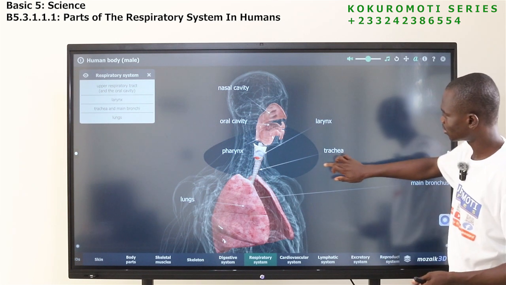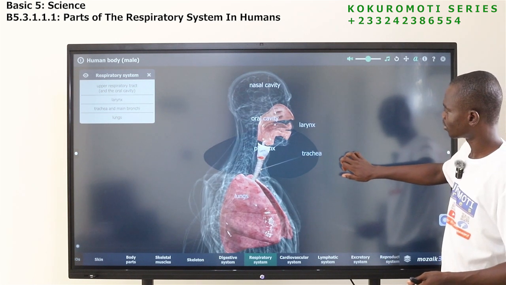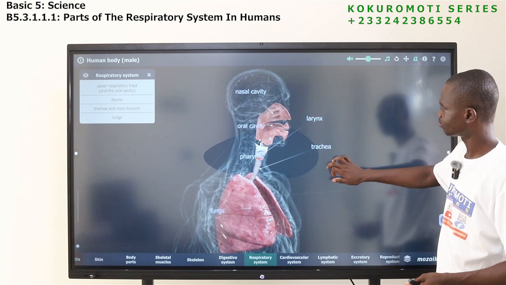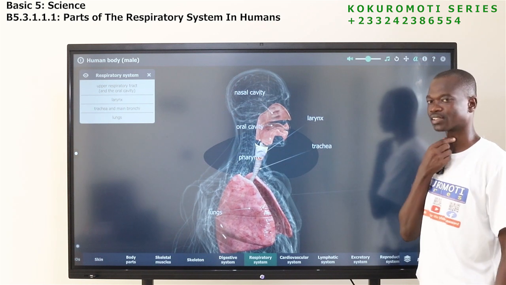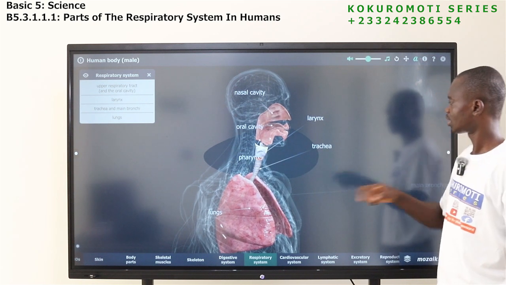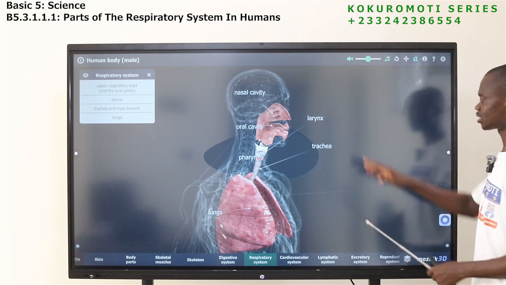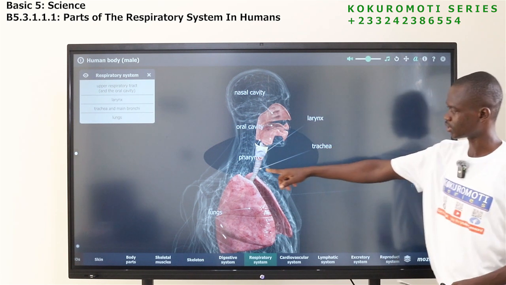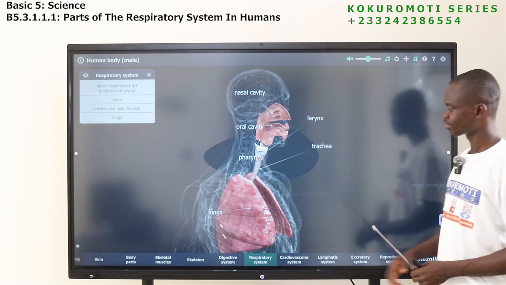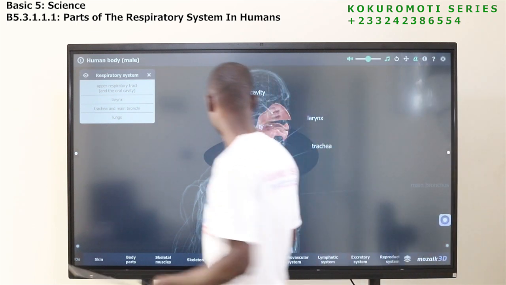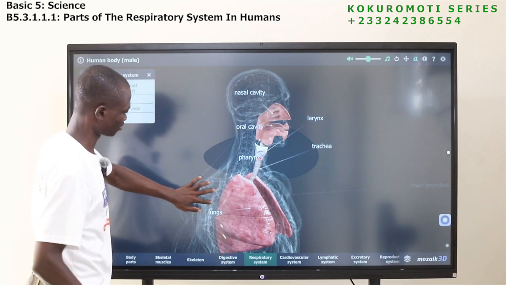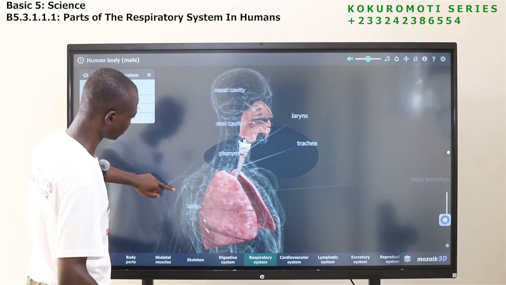This is the larynx. Let me turn it. Have you seen it? Then this is the trachea. The trachea, which is the windpipe, is also here. Now we have the lungs.